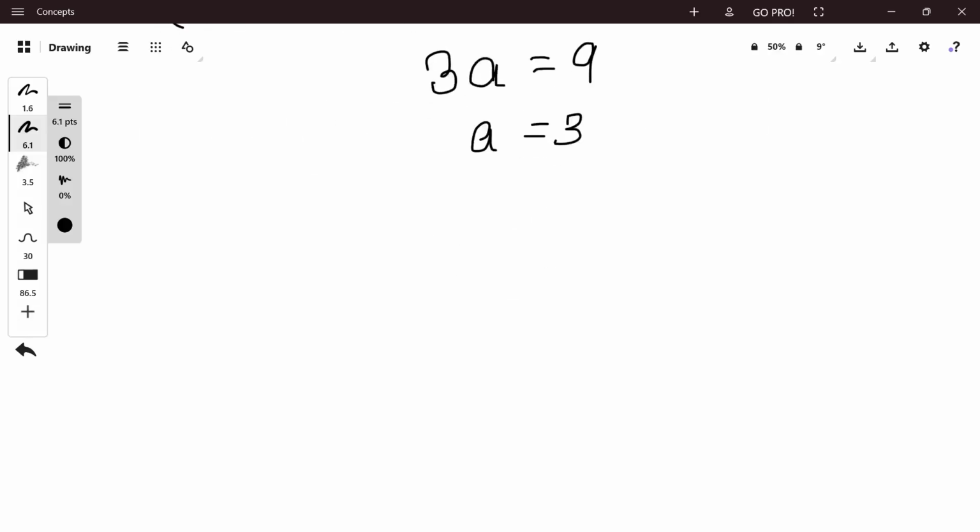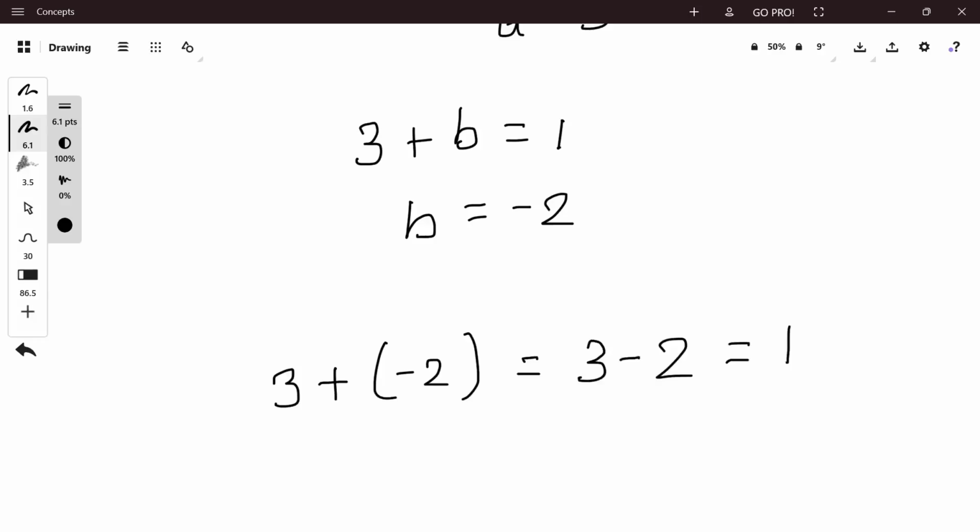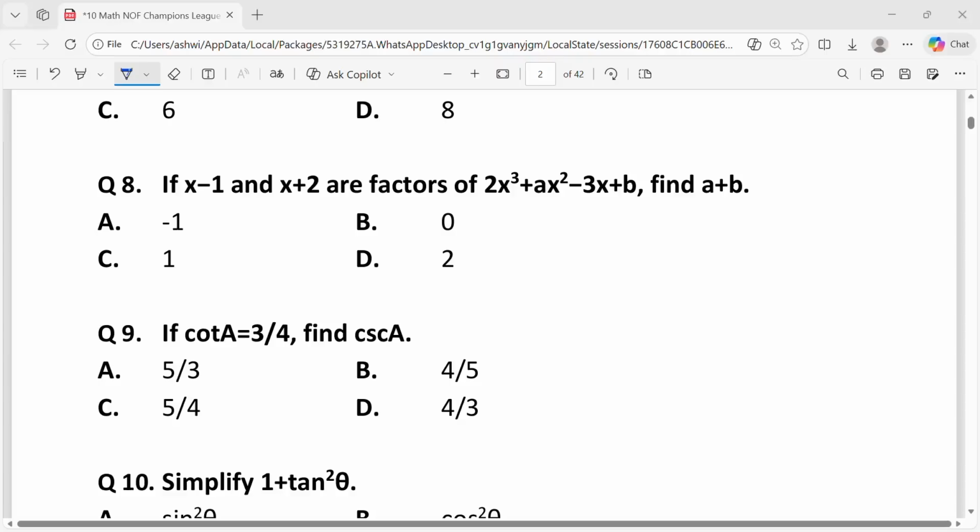Substituting the value of a into equation 1, that is 3 plus b is equal to 1, that is b is equal to minus 2. Now calculating a plus b, that is 3 plus minus 2, that is 3 minus 2, which is equal to 1. From the given options, the answer is C, 1.